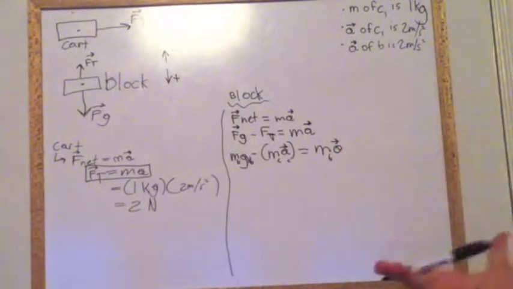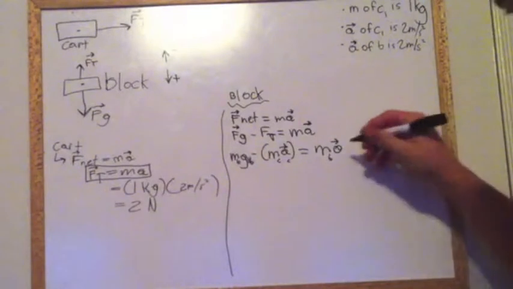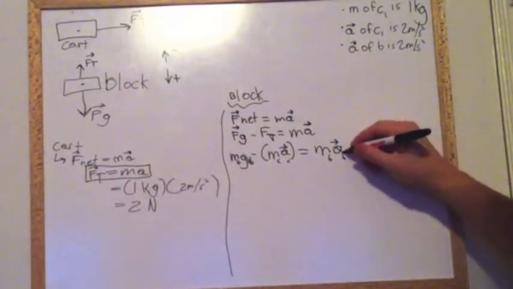We could use a or b or c for the acceleration, but because in this case it's for the system, it doesn't really matter, but we'll go ahead and put a b just in case.